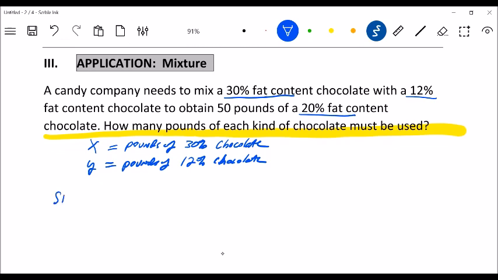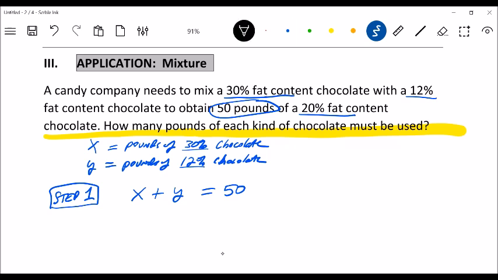And so let's take a look at what we're going to do. Step one for this is I'm going to add those two up. The amount of pounds for X of the 30% plus the amount of pounds for the 12% is going to equal 50 pounds. So X plus Y is equal to 50. And I'll even write that. Let's write that here.